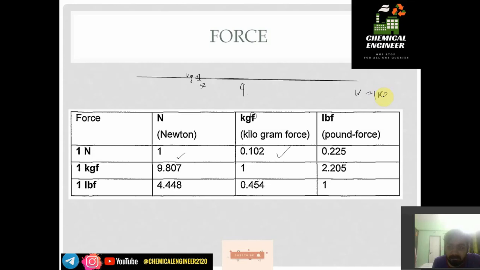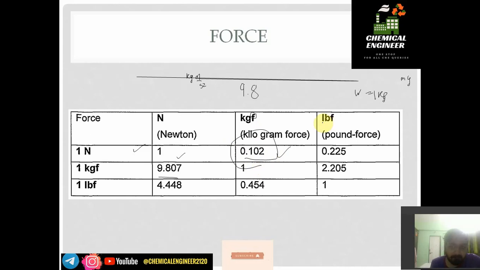But always remember, here we take mass, so we divide by 9.8, that is the gravity g. Weight equals mg, so mass equals weight by g, that is 9.8. So 1 kg force equals 9.8 Newton, and 1 by 9.8 should yield this value, generally 0.102.